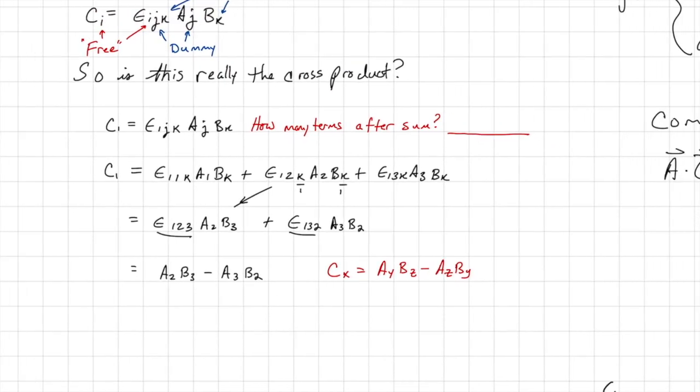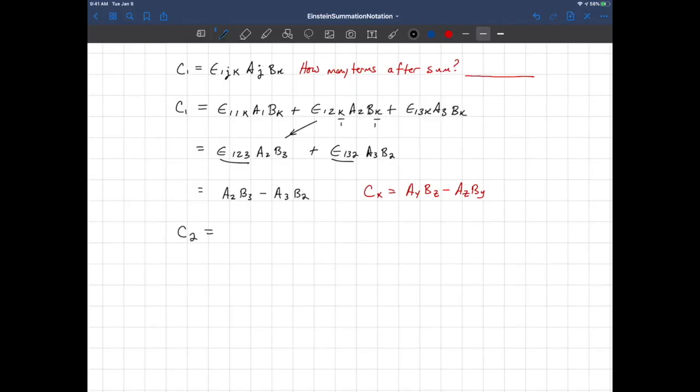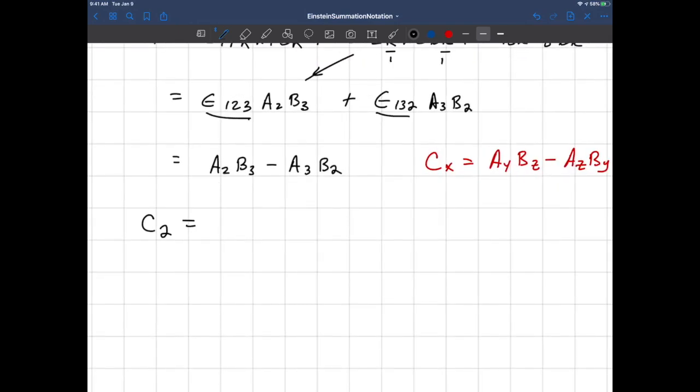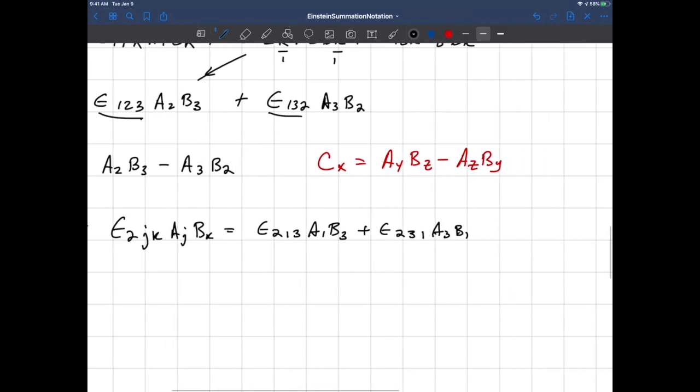All right, let's just do C2 as well, just for good measure. C2 is going to be epsilon 2jk, aj, bk, which we will then write out as epsilon 2, 1, 3, a1, b3, plus epsilon 2, 3, 1, a3, b1.